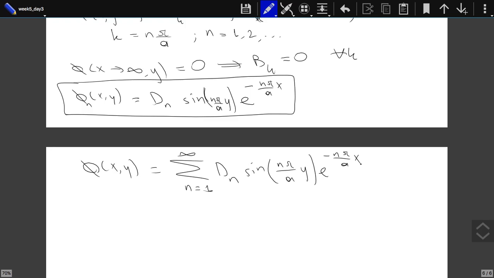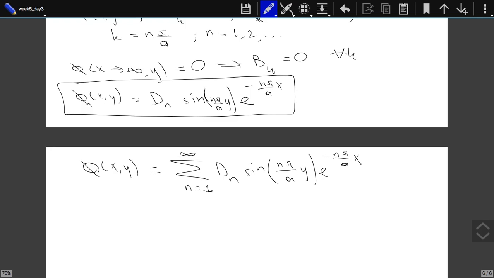But the Laplacian acting on this function is 0, whatever the value of n is. So this is also a solution which is 0 when y is equal to 0. It is 0 when y is equal to a, and it goes to 0 at infinity. So this also satisfies almost all my boundary conditions.